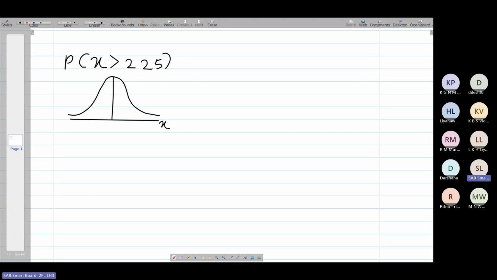Now we know the value, so we can write it here: 209.984. This is the number. Then 225 is greater than this value, so we write 225 greater than it. Then we mark this area, which is greater than 225.